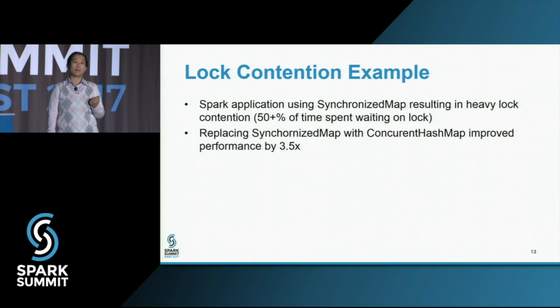Then what can we do about it, right? So we replace it with the concurrent hash map. Then the lock is just released. Then all the CPU cycles translate into very useful user time. Then the performance of the target stage is improved by 3.5x.